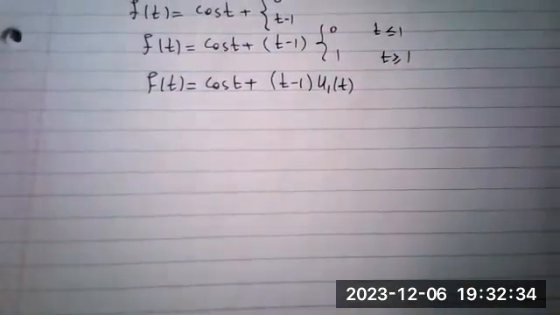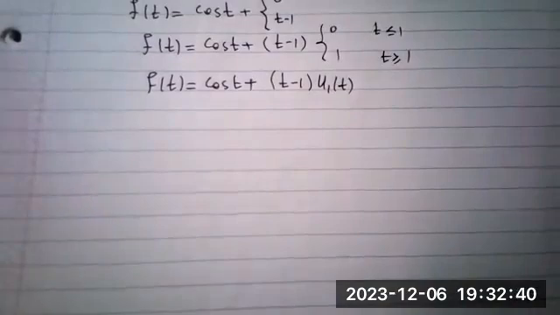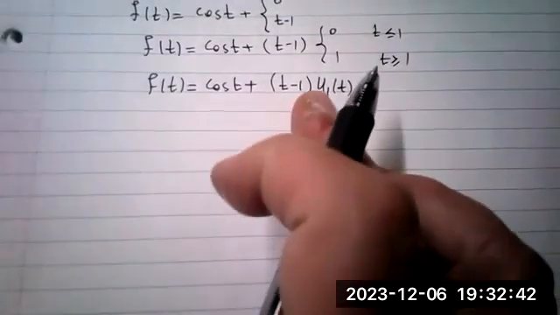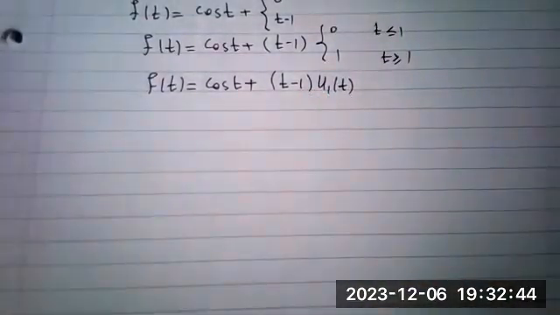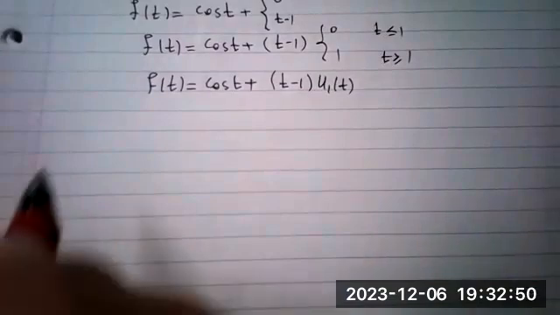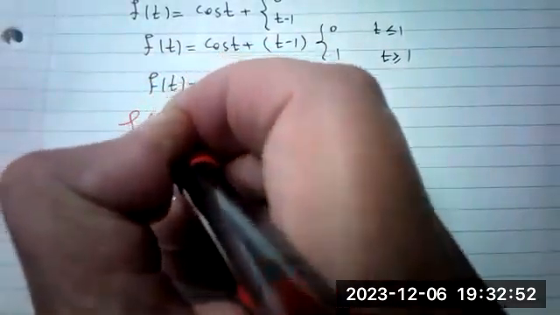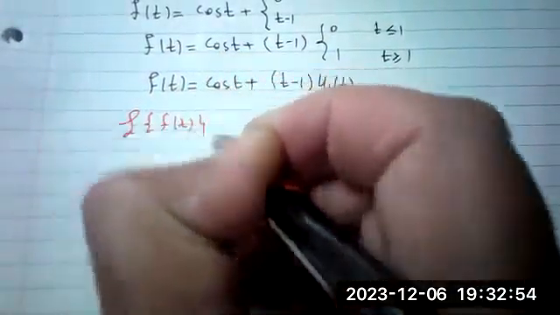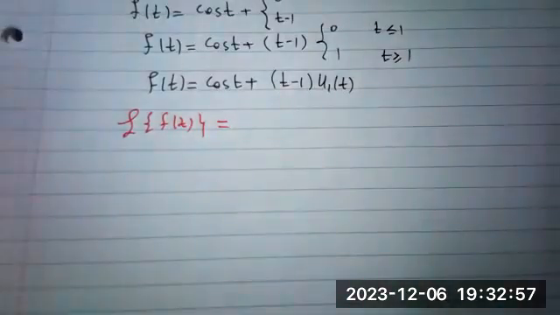That's the one that you got on your last test. Now we find the Laplace transform right away. Cosine of t is easy, and for the other one, just remember that's the second translation theorem: u1 of t times t minus 1. So what's going to be the Laplace of f of t? It's going to be the Laplace of the first one.